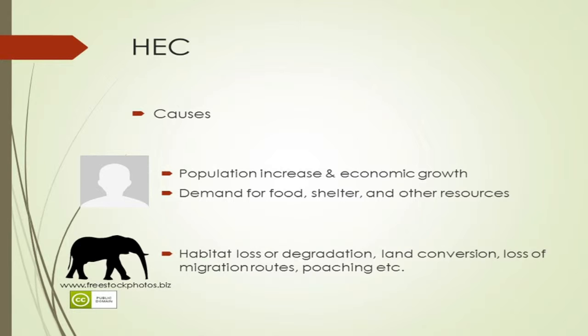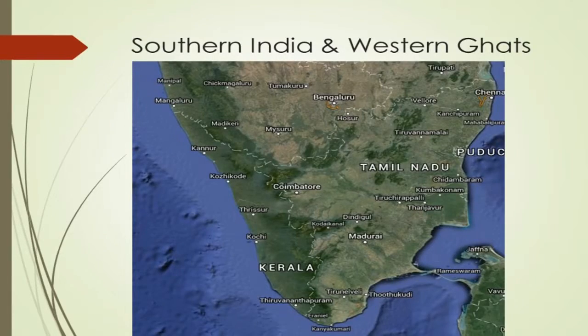We want to build roads so we can drive, so we don't buy them and keep them in our front yard. And as a result of our economic affordability, we are looking for better food, more recreation, and so forth. What this leads to is habitat loss, because what used to be the roaming grounds of elephants are now changed. Now they look like highways and a few other things that I will show.